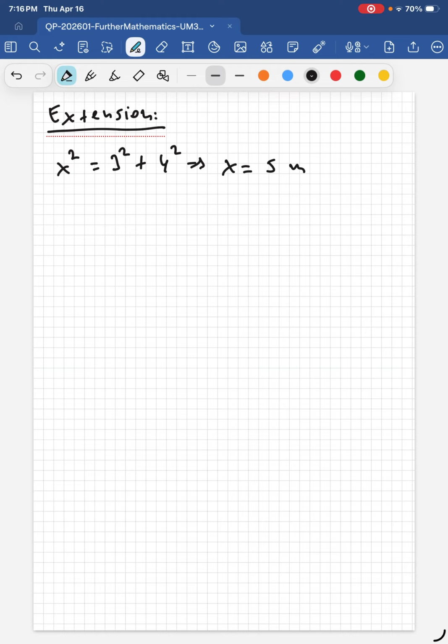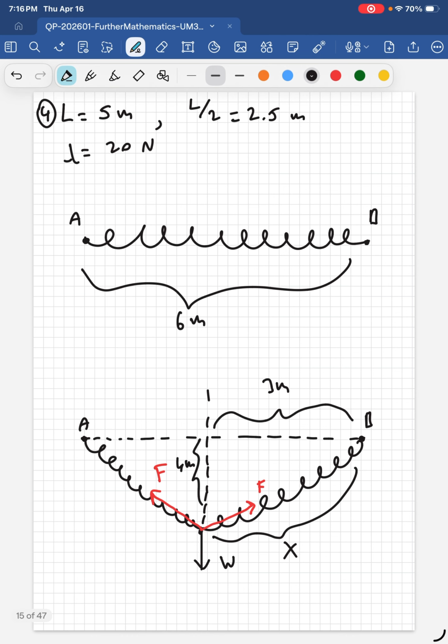So that length is x, and it's 5 meters. Therefore, the right hand side of the string is stretched by 2.5 meters and the left hand side by 2.5 meters as well. And why is that? Because half the length of the string is 2.5 meters.